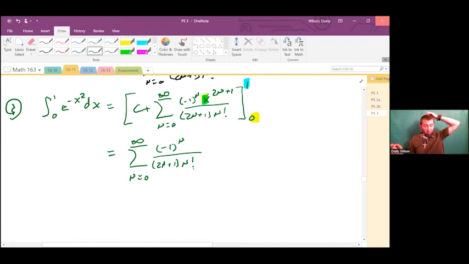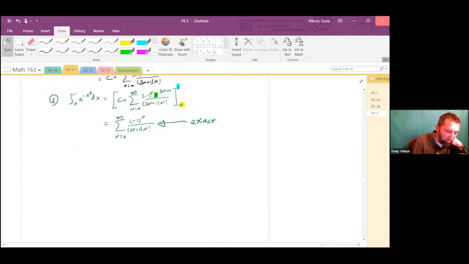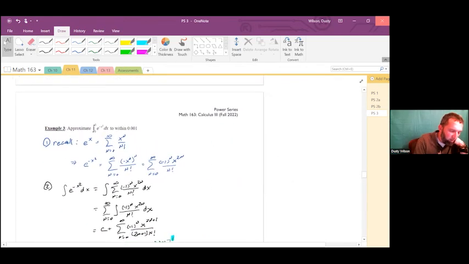So that's what our integral is equal to. And so this is the exact value. And now we need to approximate this to within 0.001. Let me scroll back up to remind ourselves of the directions and verify. So we're trying to approximate to within 0.001.